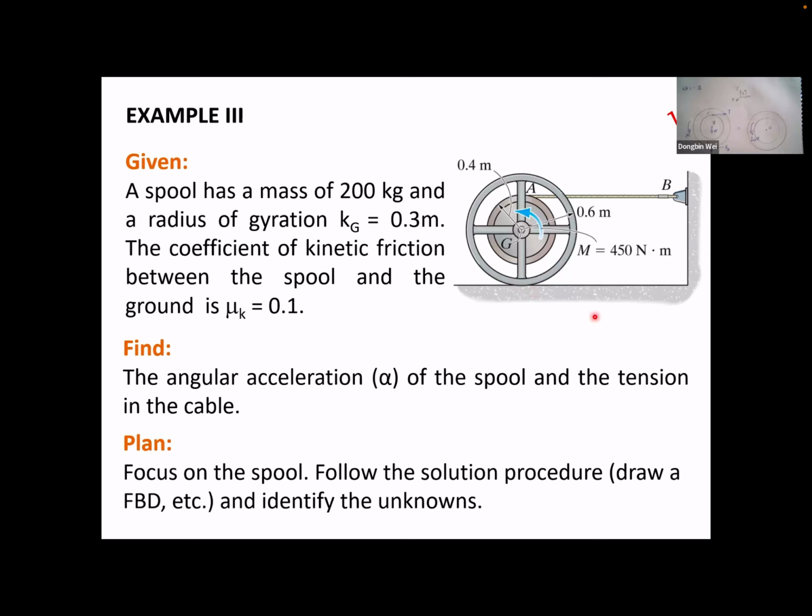What should be the location of the IC point when this spool undergoes general plane motion? IC point here, correct? The contact point. You think of the contact point here? Any other answers?